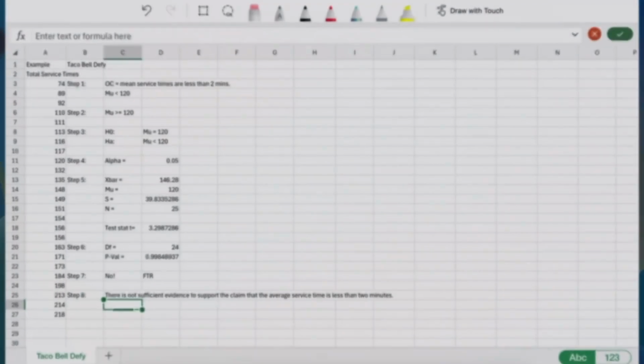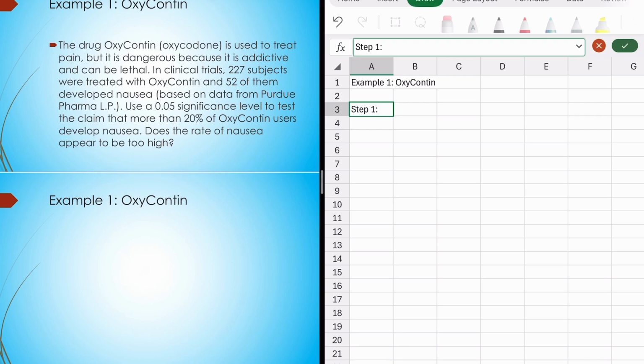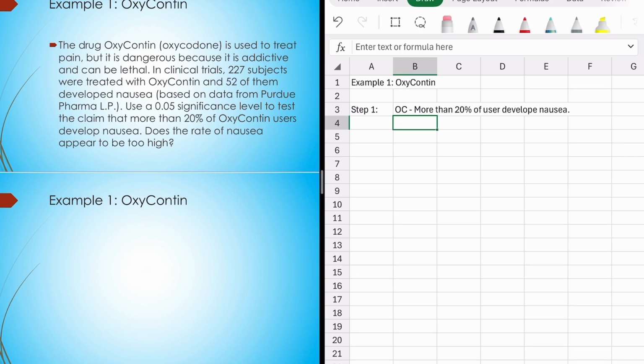All right, for that, let's go to our Excel sheet. This is example 1. Use the 0.05 significance level to test the claim that more than 20% of OxyContin users develop nausea. The original claim is more than 20% of users develop nausea. What is that in terms of notation?